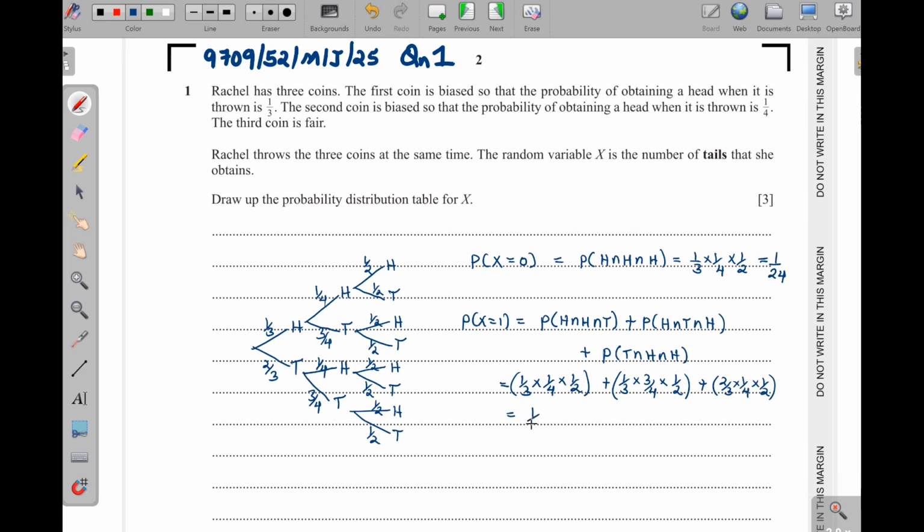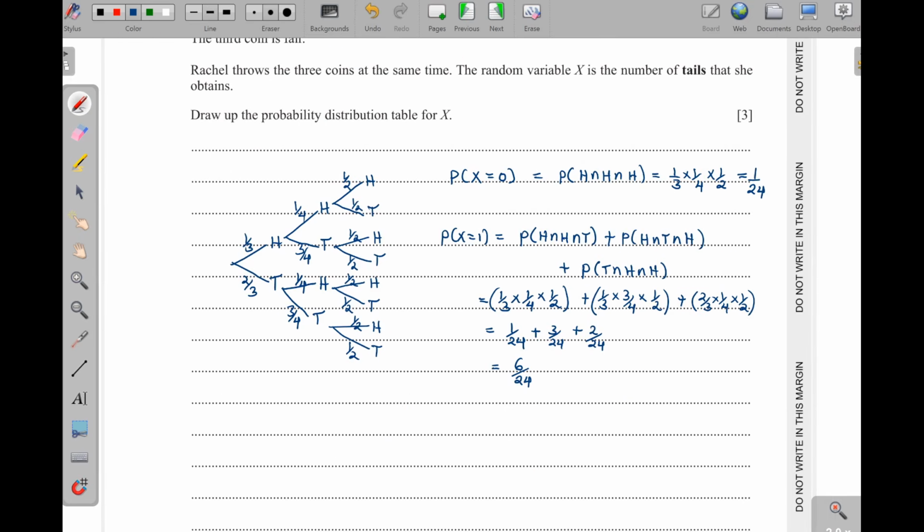This one is 1/24. Then this one will be 3/24, and then 2 out of 24, meaning we shall get 6 out of 24, which can be simplified as a quarter. But I'm just going to leave it there.